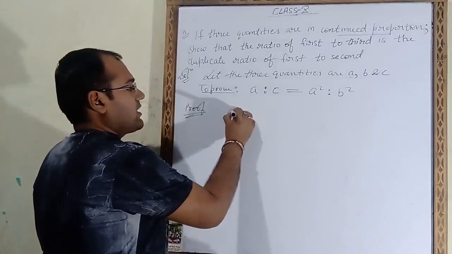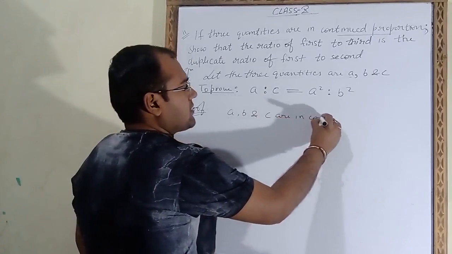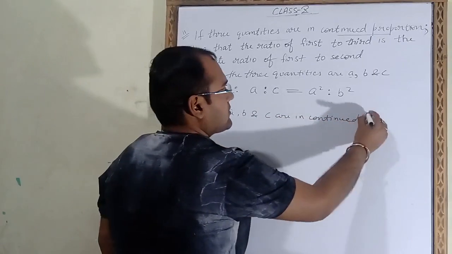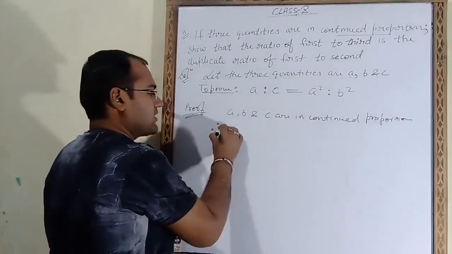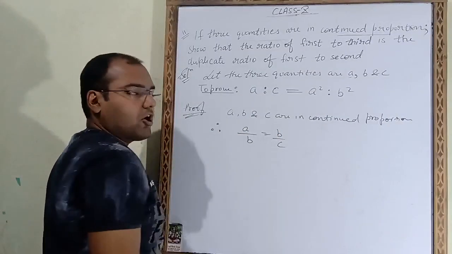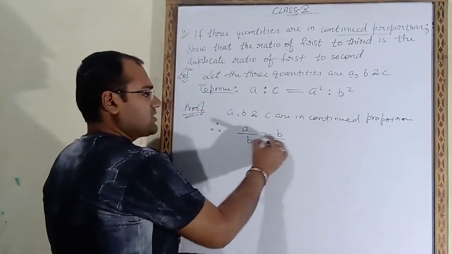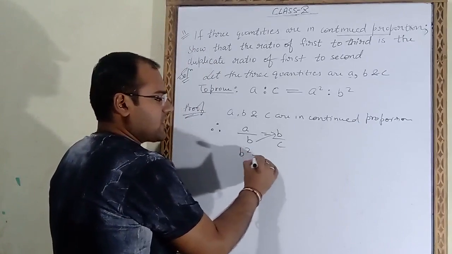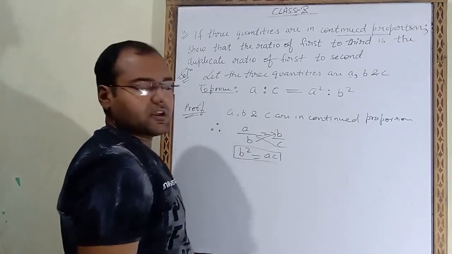So we write: A, B and C are in continued proportion. Therefore A upon B is equal to B upon C, or A ratio B is equal to B ratio C. Now cross multiplying, B square is equal to AC. So B square is equal to AC.